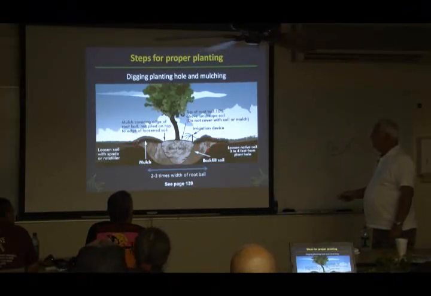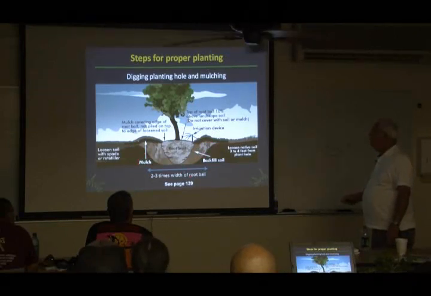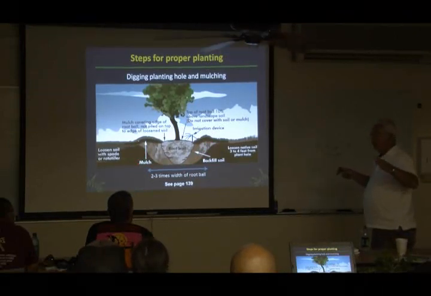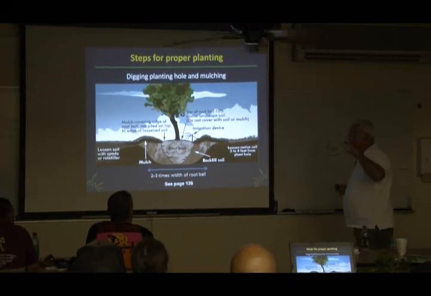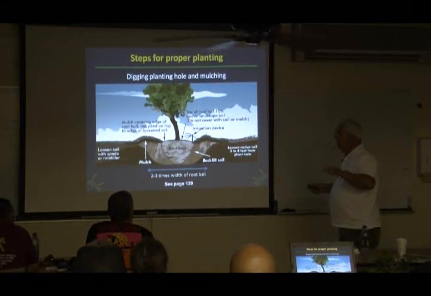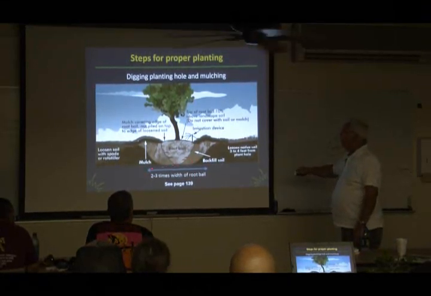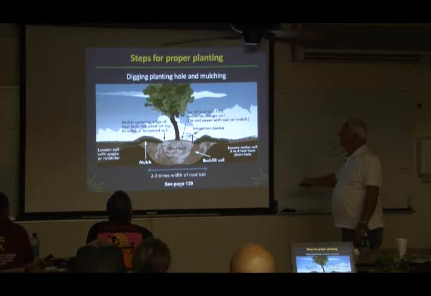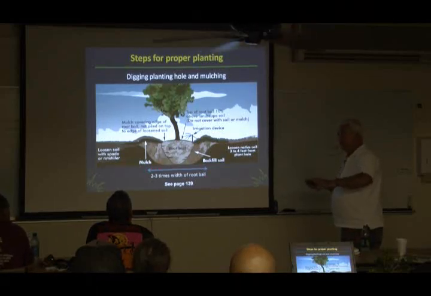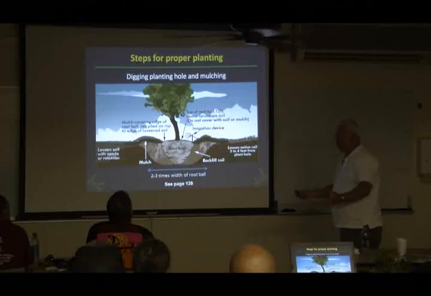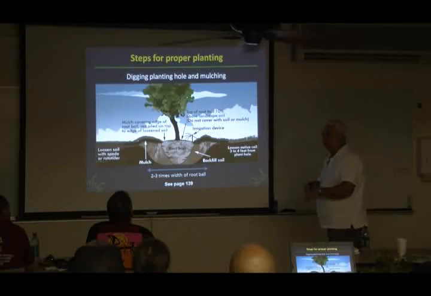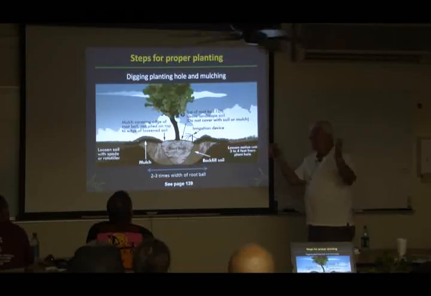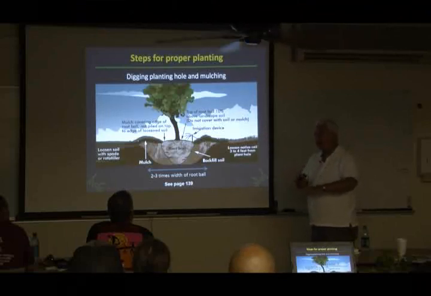dig the planting hole that's at least 2 to 3 times wider than the root ball, but no deeper. Actually, a little bit more shallow is even better than that. And when you put the root ball in here, you want to put it on undisturbed native soil so it doesn't sink down. You don't want to dig it deep and then backfill. That's what they used to say. Dig it a couple inches, put good compost and stuff and pack it in there and put it down.